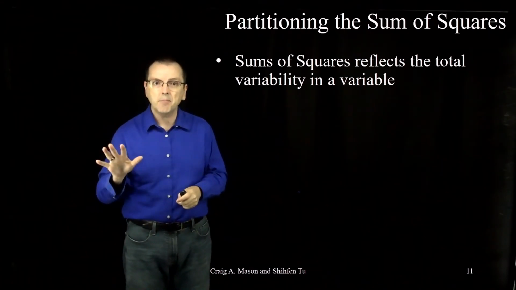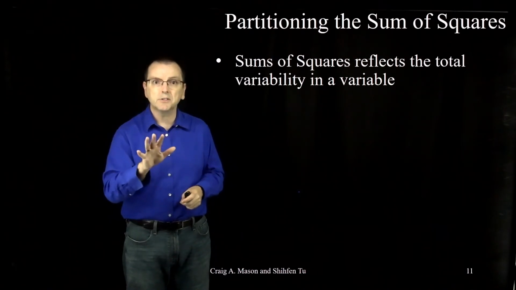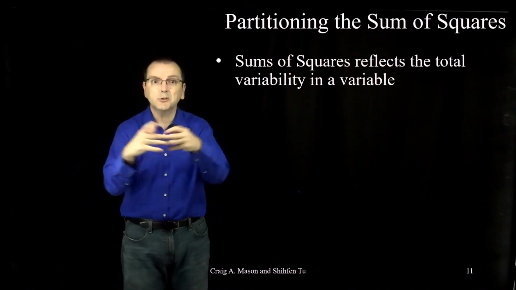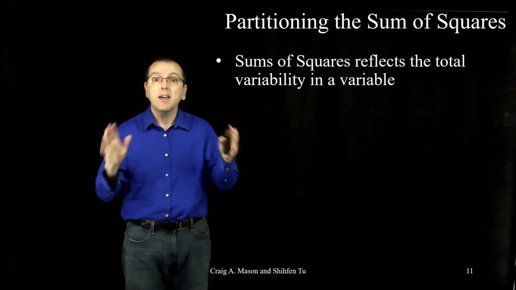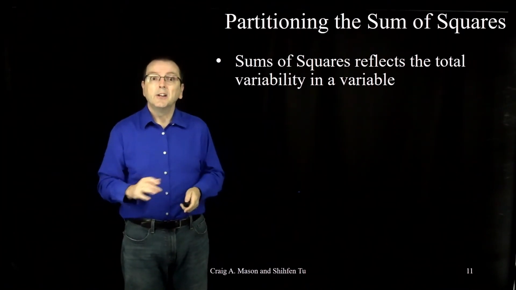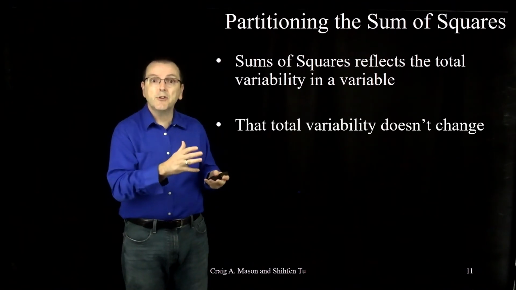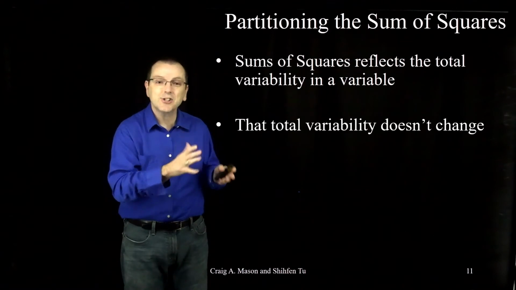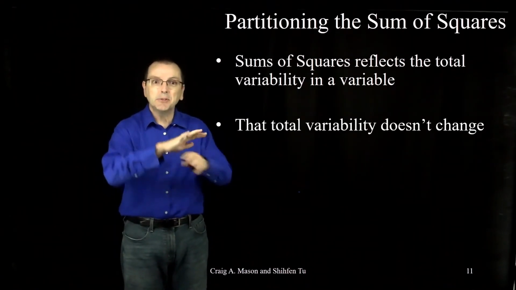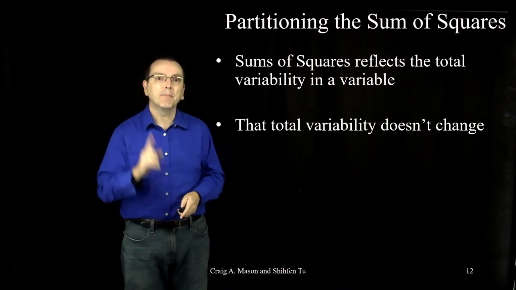It's the same sample with the same scores. The scores are just as spread out as they were before. There's just as much variability. Nothing's changed. So the sum of squares for the history scores hasn't changed at all. It's still going to be the same sum of squares when we look at everybody.